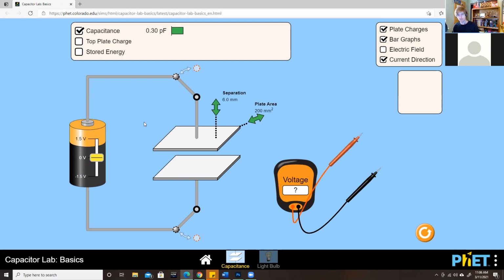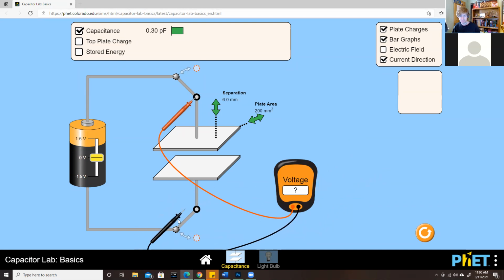So if I wanted to find the voltage difference, or the potential difference, across this capacitor, I'd have to put one probe on one side. I could put it on this black dot right here, and I'd put the other probe on the other side, on this dot. Sure. Could also do the wires. That's up to you.